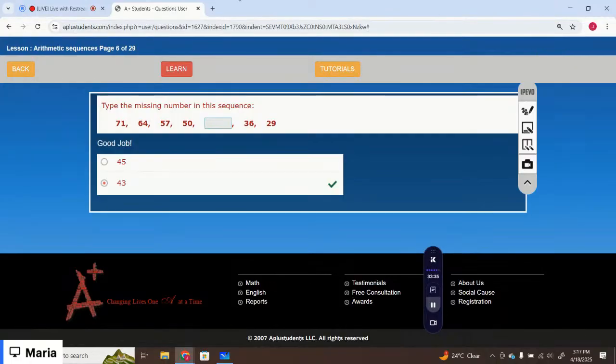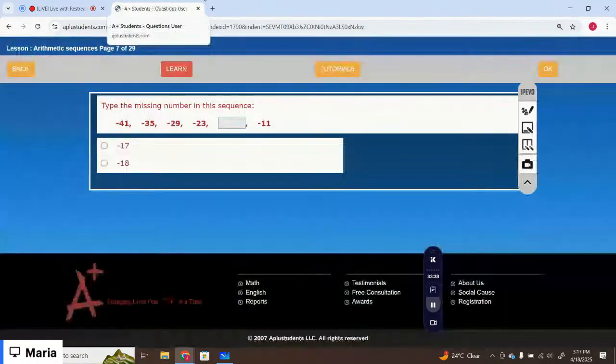The missing number is 43. Type the missing number in the sequence. So which number is missing?